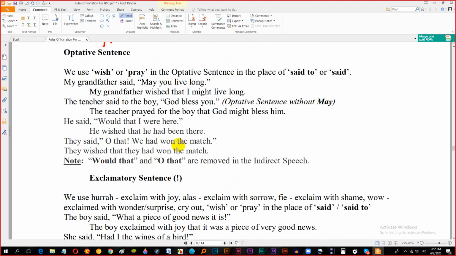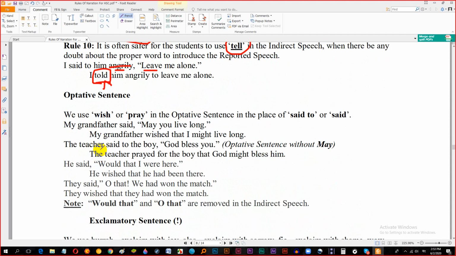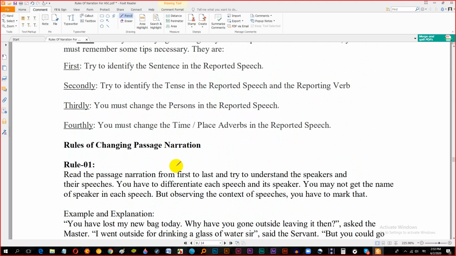Okay, then optative sentence. Generally an optative sentence is about a wish or a prayer.